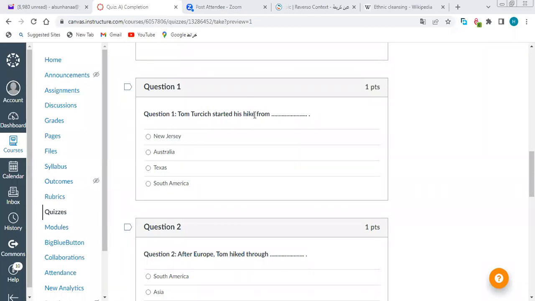As you see here, what is the keyword in this sentence? What is the keyword? Tom Tarsish started his hike from. Yes, that's right.